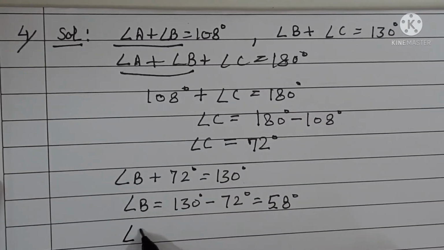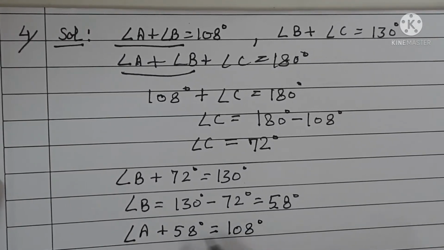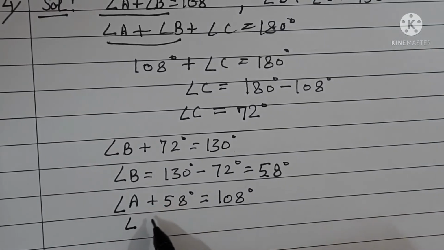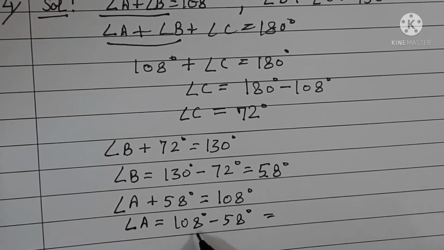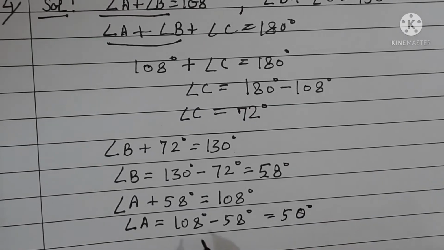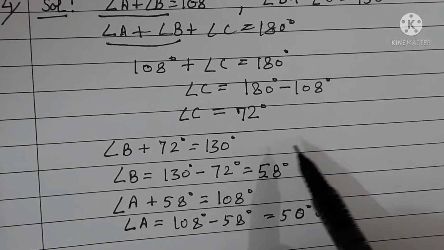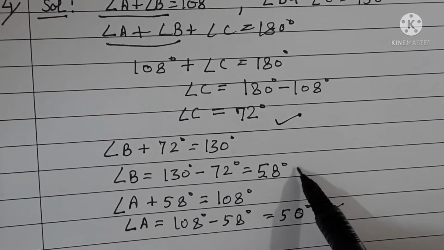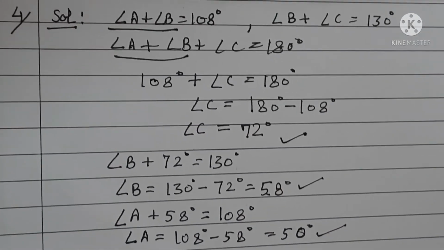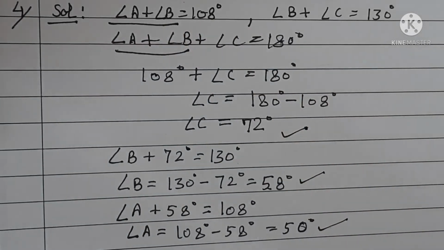So this becomes angle A plus 58 degrees is equal to 108 degrees, and angle A is equal to 108 degrees minus 58 degrees, which is 50 degrees. So the three angles we can easily find out: angle A, angle C, and here angle B is 58 degrees. In the same way you can solve question number 5, because the sum of two angles is given.